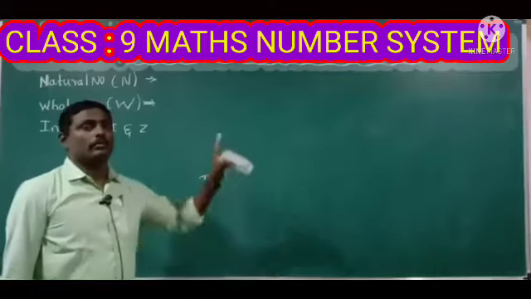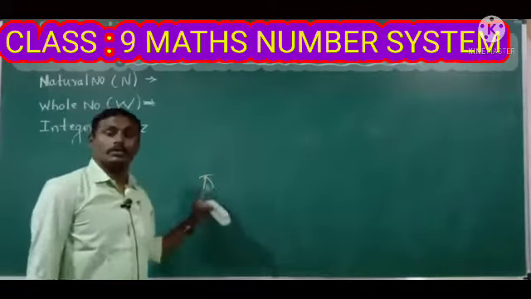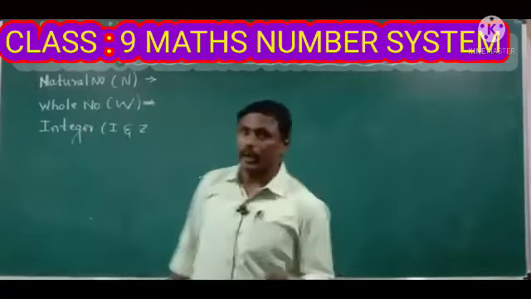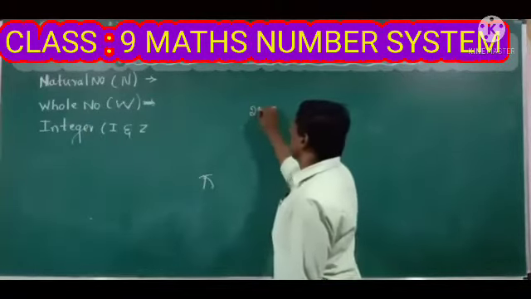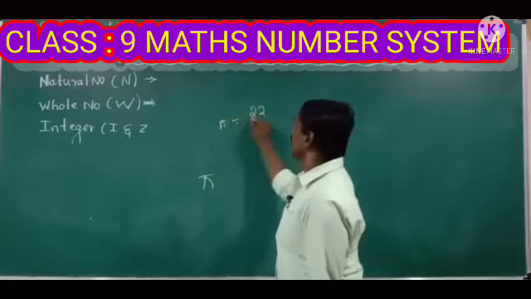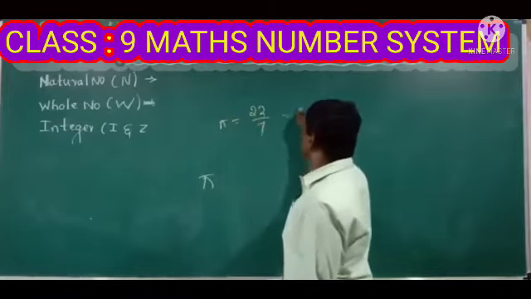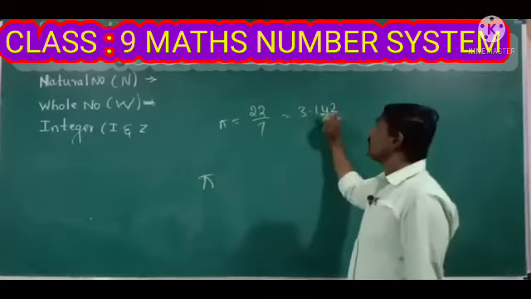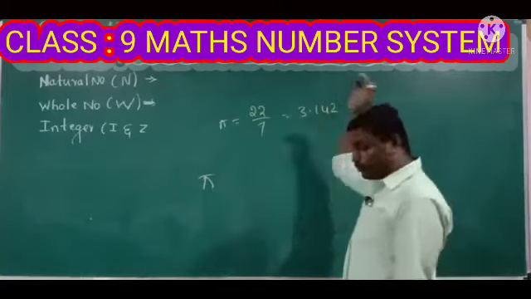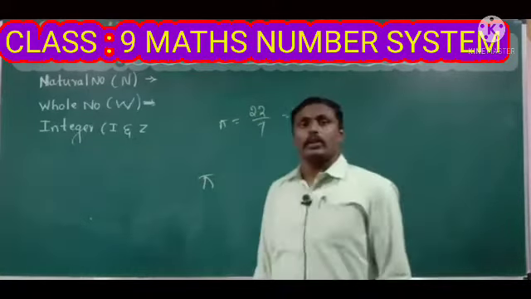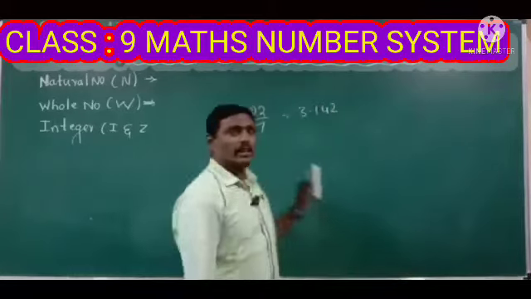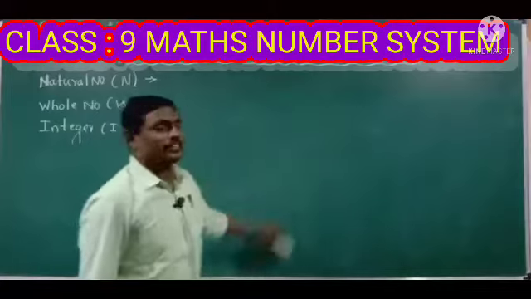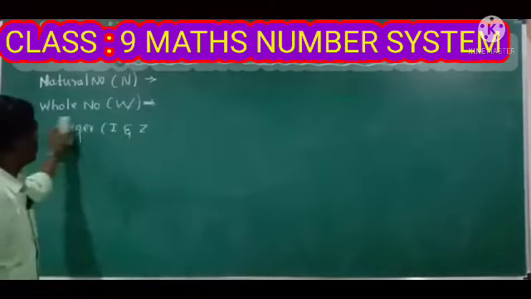One more Indian mathematician, Ramanujan, also worked on the value of pi. As we know, pi is 22 by 7 and its value is 3.142. He calculated the decimal places up to millions, right? So this is the history of rational numbers and irrational numbers.